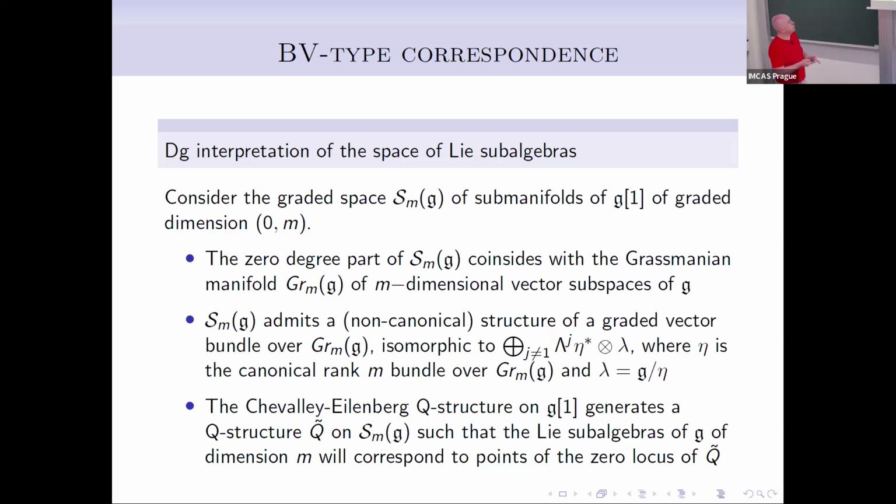But on this supermanifold we obtain a Q structure induced by the Q structure on G shifted by 1. Then it's a finite dimensional graded DG manifold, and every Lie subalgebra of dimension m of G corresponds to a zero locus point of Q.